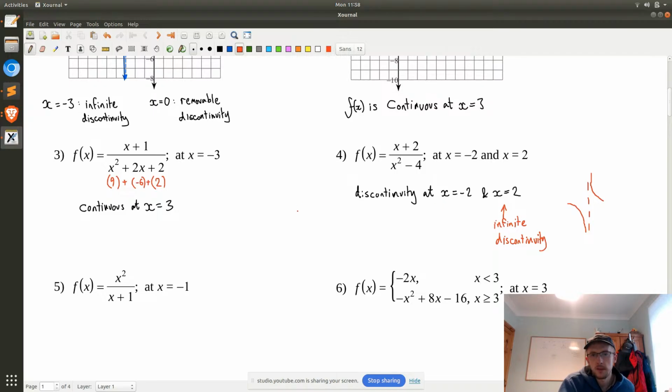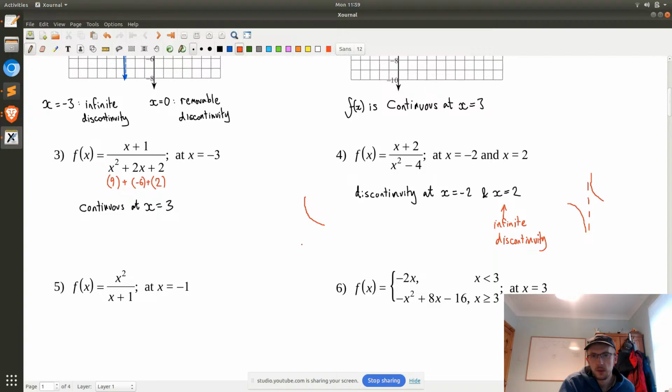And for x equals negative 2, so as I approach from the right, I have a negative number on the numerator and a negative number on the denominator, but they become ever larger but positive.